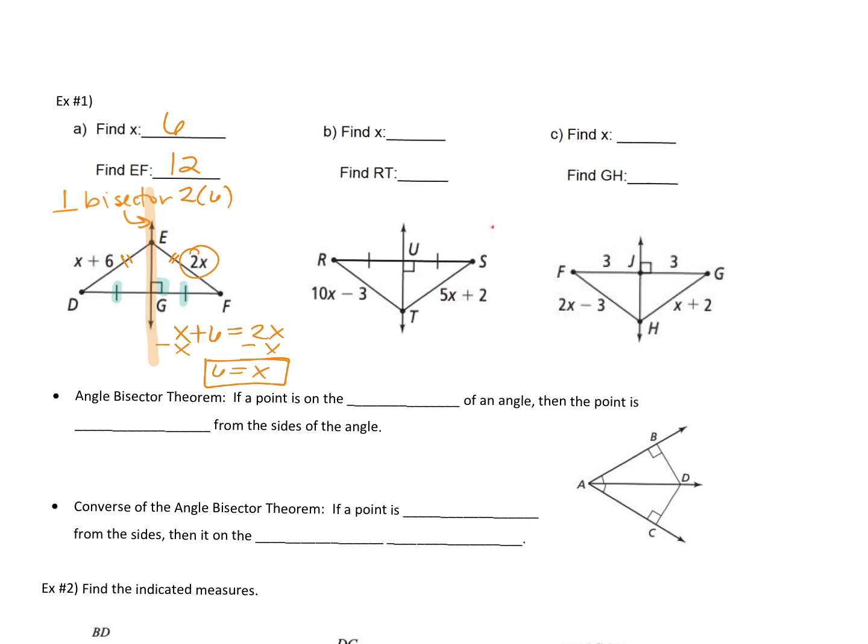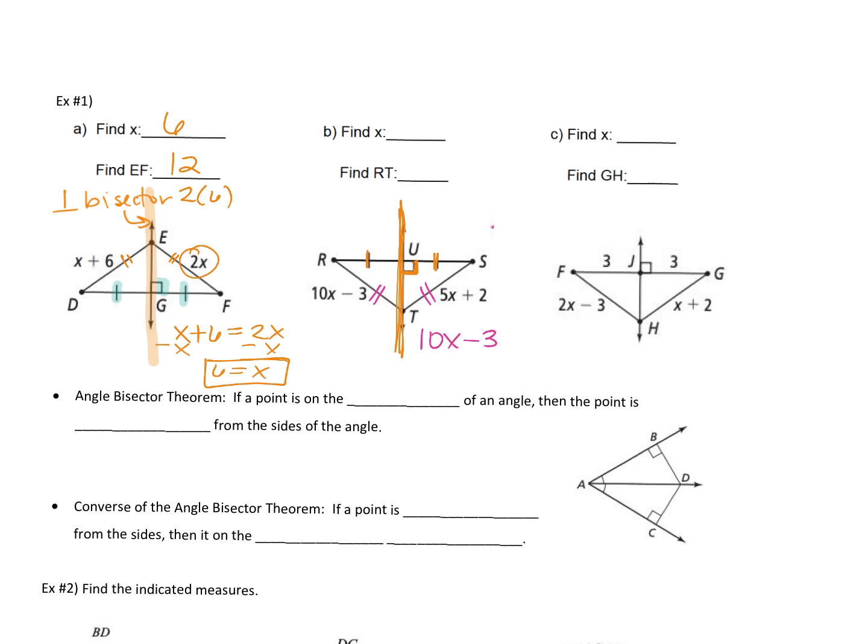Look at letter B. It says find x. Notice this is perpendicular. These are congruent, meaning this is a perpendicular bisector. The distance to the endpoints anywhere on that perpendicular bisector has to be the same. So that means that RT has to be congruent to ST. So how do you solve for x? 10x minus 3 is equal to 5x plus 2.